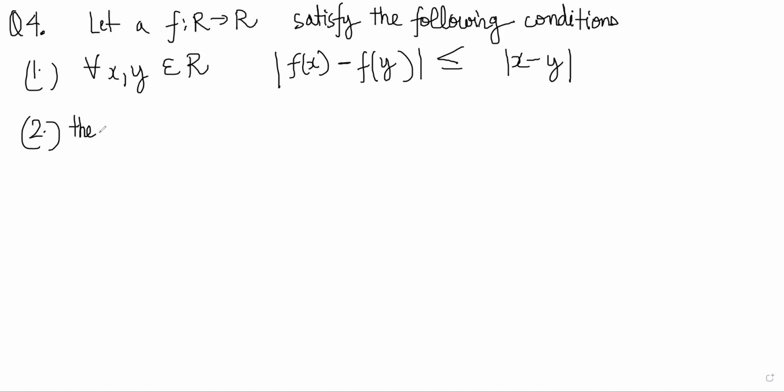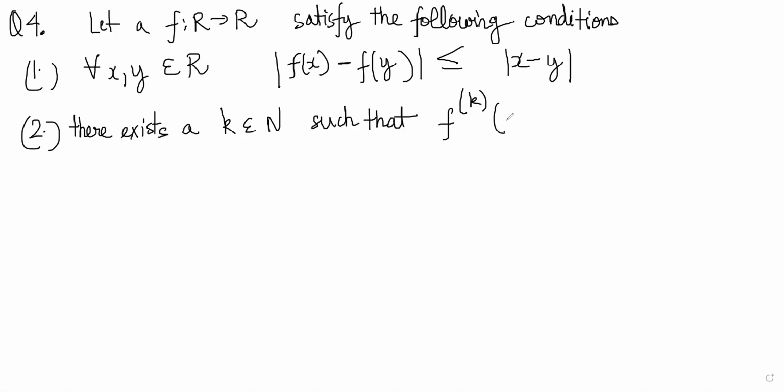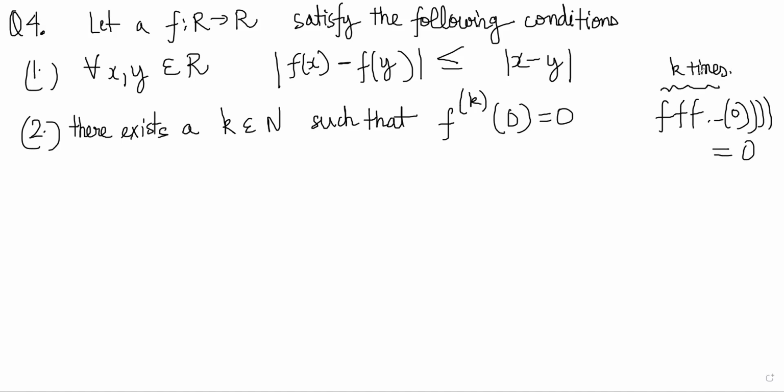Then there exists a k belonging to N such that f^k(0) is 0. Basically, this means f of 0 is 0, where the composition is done k times, right?